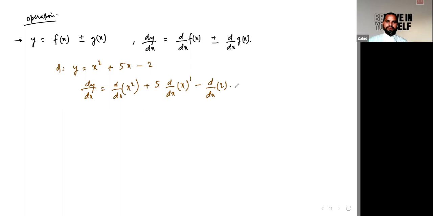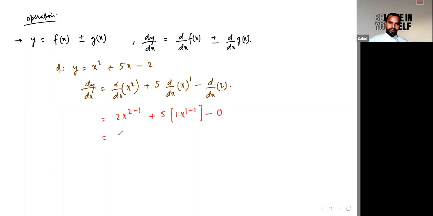So the differentiation of 2. Now applying the formula, here we have x raised to 2. According to the formula, it will be n x raised to n minus 1, plus 5 being constant, x raised to 1, so it will be n x raised to n minus 1, minus 2 is a constant term, so its differentiation will be 0.